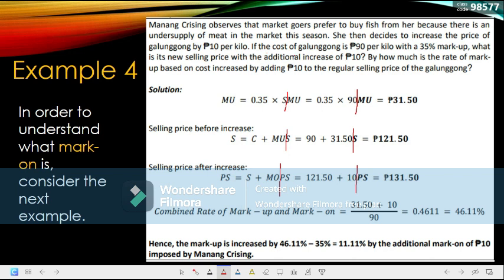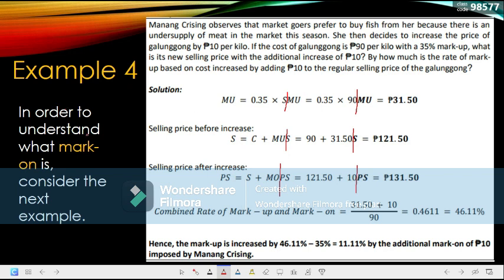If the cost of galunggong is 90 pesos per kilo with a 35% markup, what is its new selling price with additional increase of 10 pesos? By how much is the rate of markup based on cost increased by adding 10 pesos to the regular selling price of the galunggong? Okay, solution.